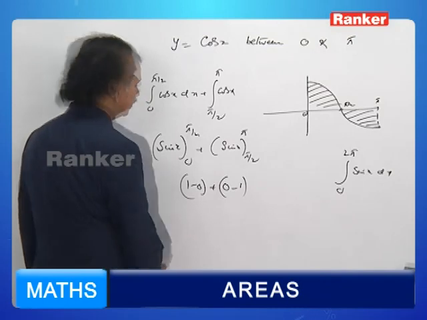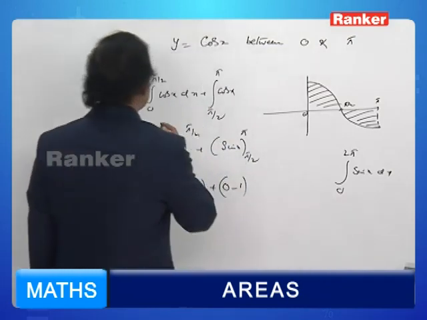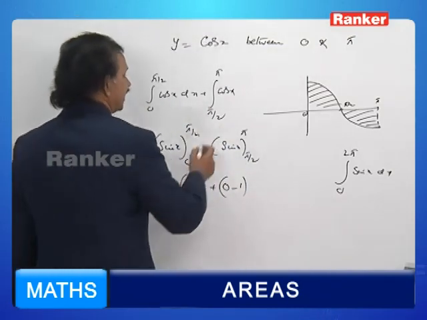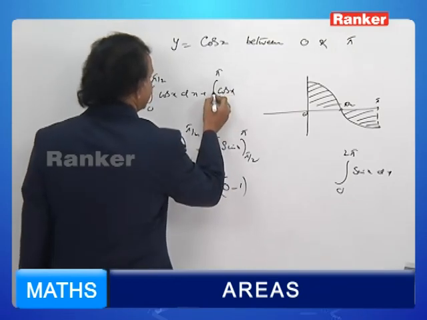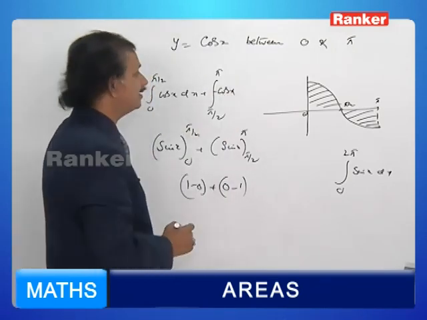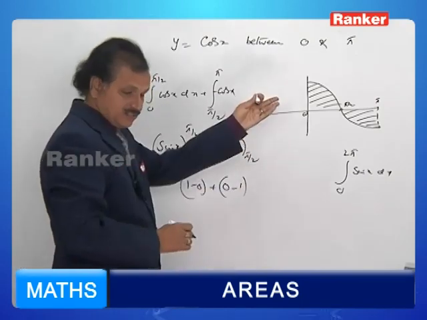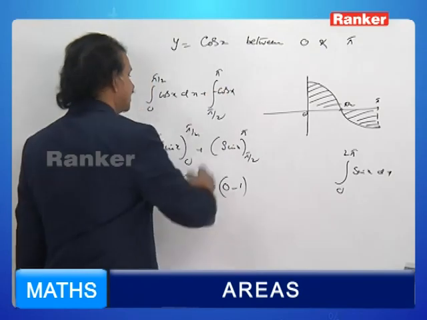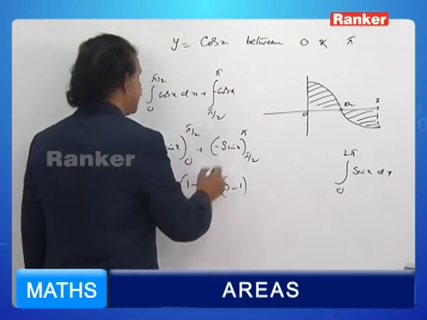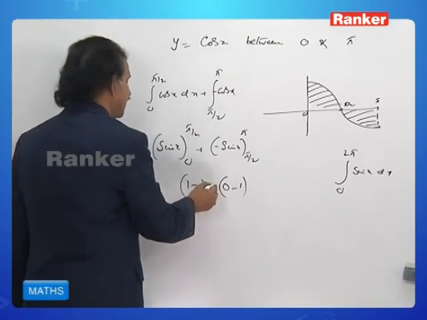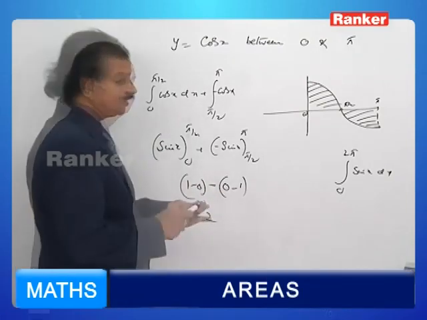The second part lies in the second quadrant, where cos x is negative, so minus cos x you have to take, hence it is minus sin x, hence this is minus, hence it is 2. It is 2.